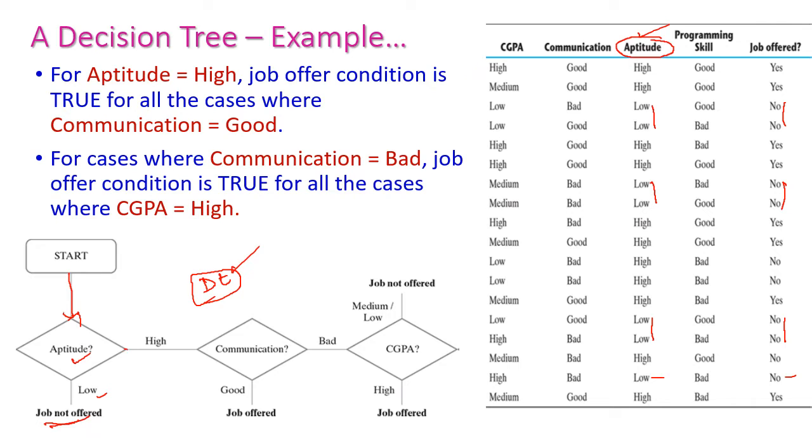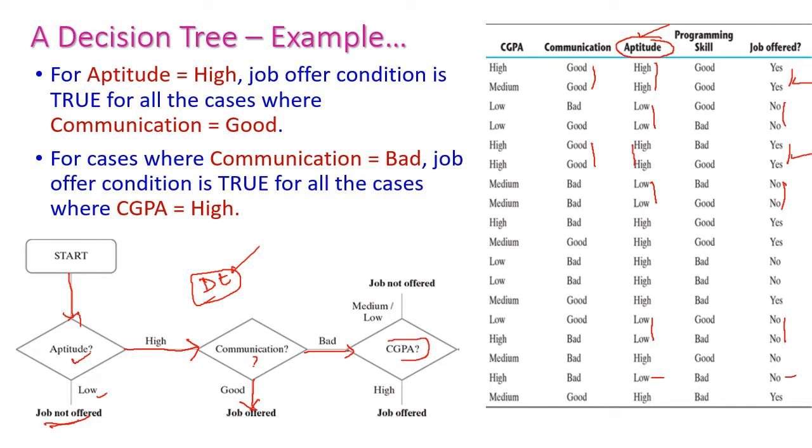Then we need to check what about aptitude high, then communication. If the communication is good and aptitude is high, then they will get the job. So aptitude is high, communication is good, then the job will be offered. What about if communication is bad?